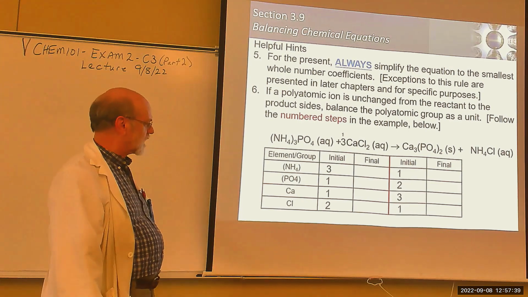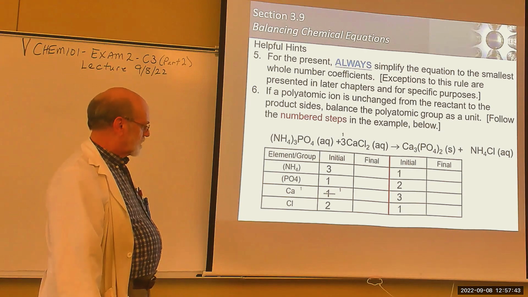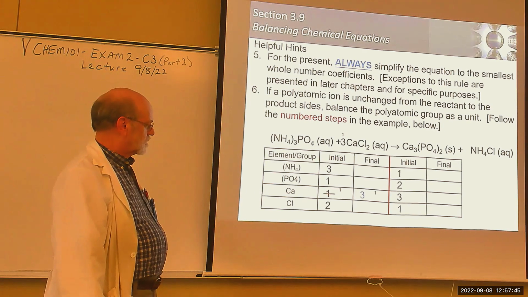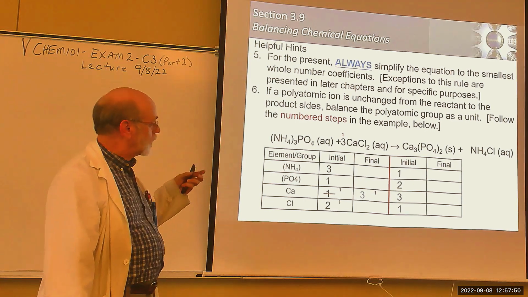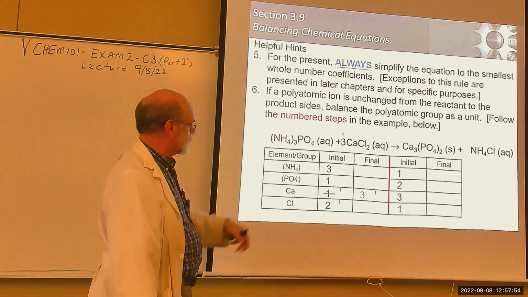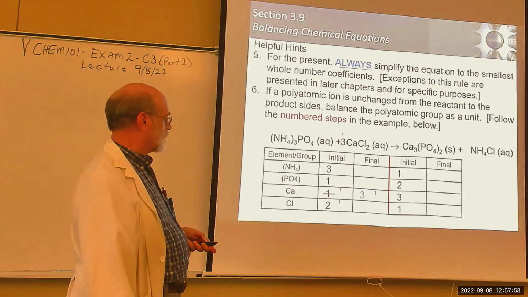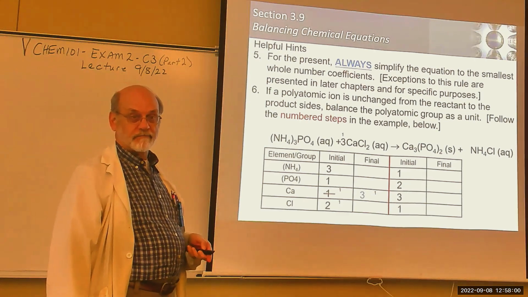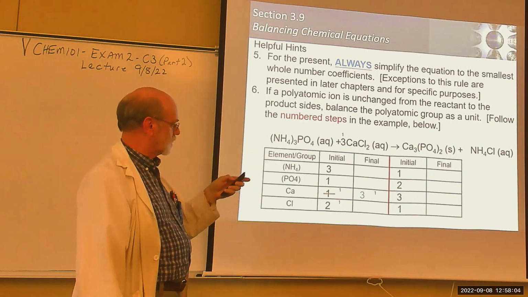So we get a 3 in front of the calcium, and what that does is it changes the budget to 3, and we also changed chlorines. Right? So we've got to go to the other side, and we need 6 chlorines, don't we? On that side, because we've got 6 over here.